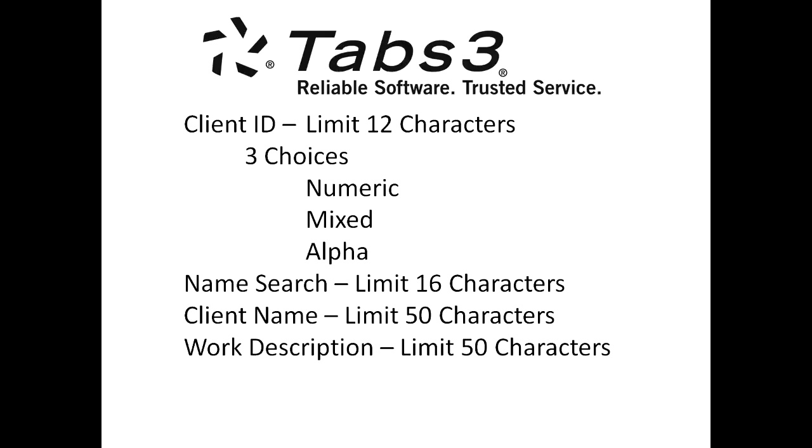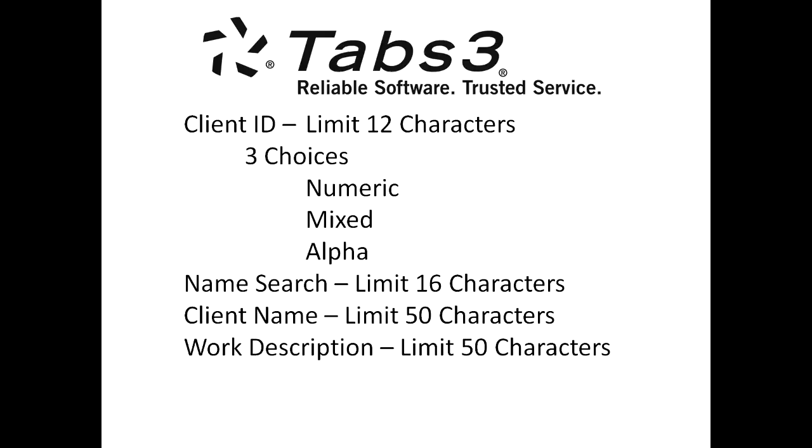We'll look at the actual application in a second, but you can have a number, a decimal place, and then numbers that follow, all adding up to 12, including the decimal place. You can do that in a mixed fashion where you have alphanumeric characters before the decimal place and then numbers after the decimal place.